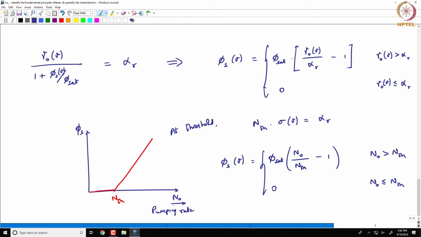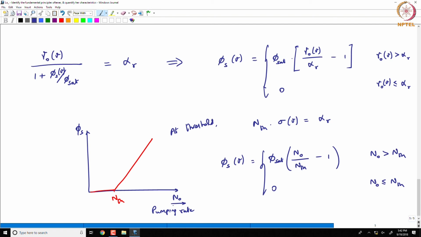So, how do you get higher and higher n naught? By going for higher and higher pump power, right. So, that is the picture that we have as far as the laser is concerned around threshold.